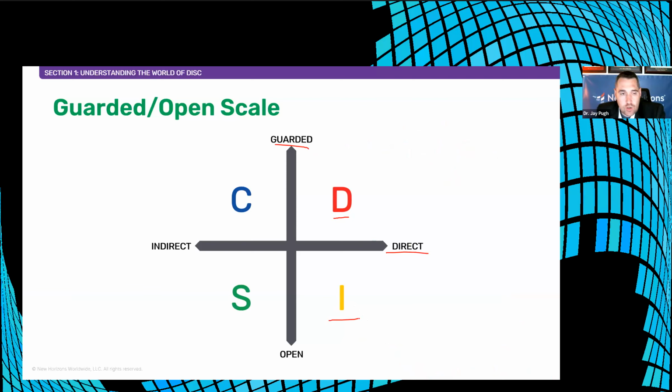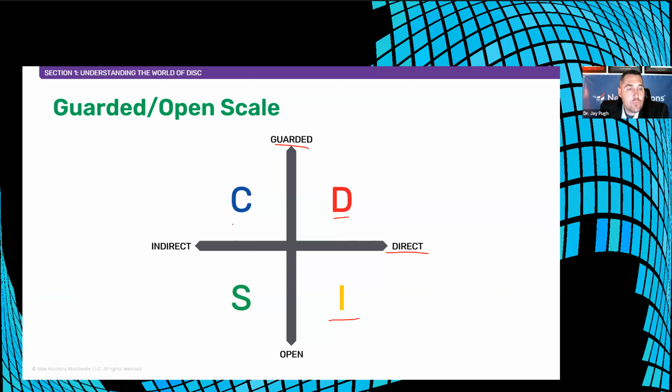They will share a story on what they did over the weekend, or something that's relatable to somebody else. That's an I. If they're direct, they move fast. But the difference between a D and an I is that D's will be more direct, I's will be more open.